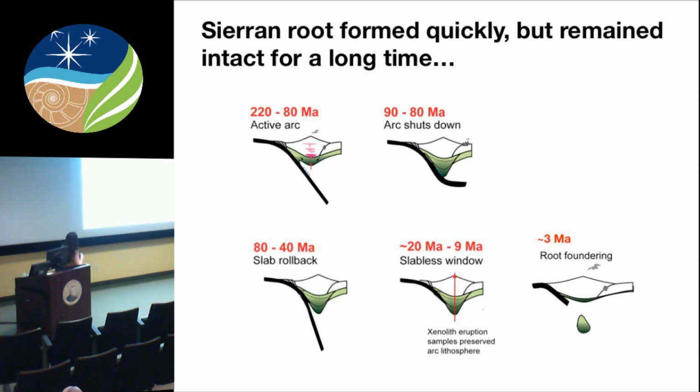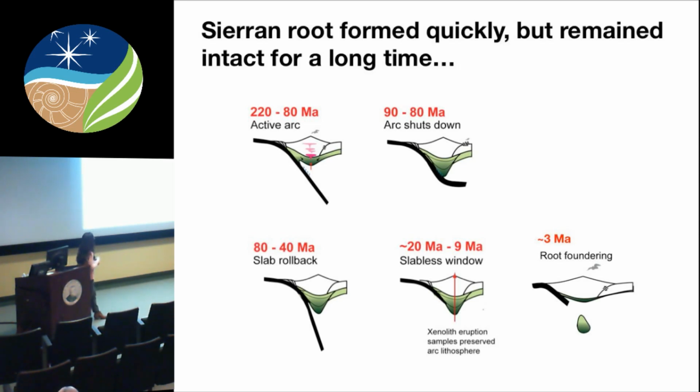So now, going into the Cenozoic times, the slab systematics changed and were complicated. There was rollback, then we subducted the trench, and now we have the transform margin. During that time, probably during the opening of the slabless window, this is when this thick root started to become unstable.